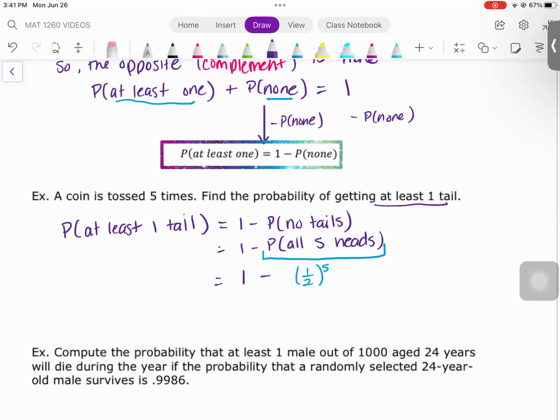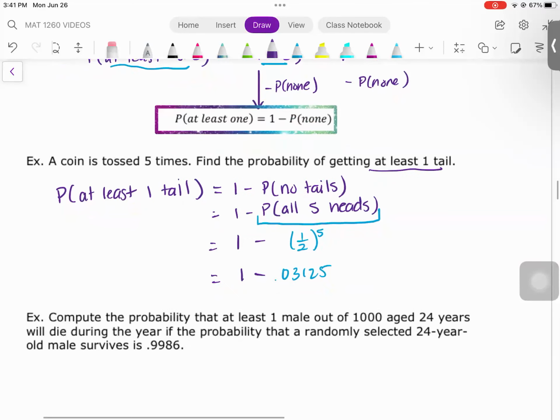Now we want to make sure we include that 1 minus. So we have 1 minus 1/2 to the 5th, which would be 0.03125, or 1/32, depending on how you have your display set up.